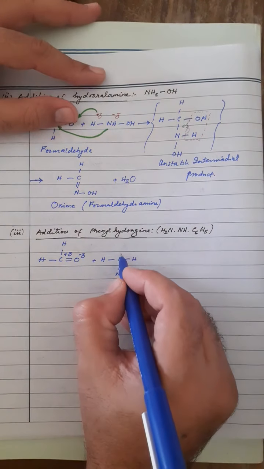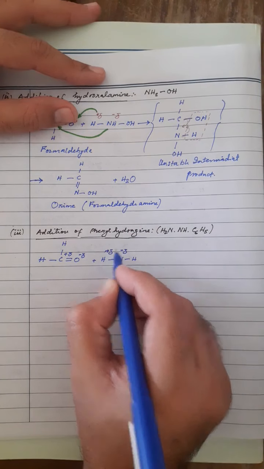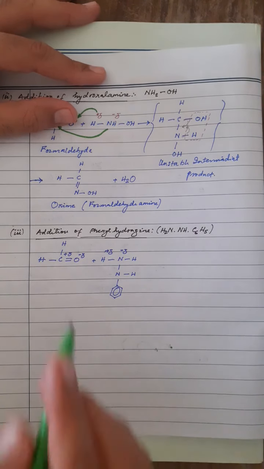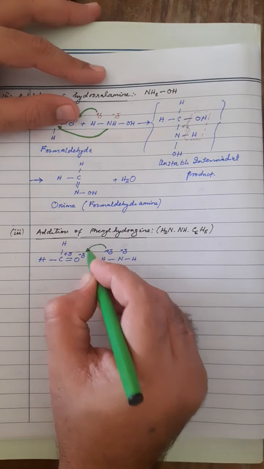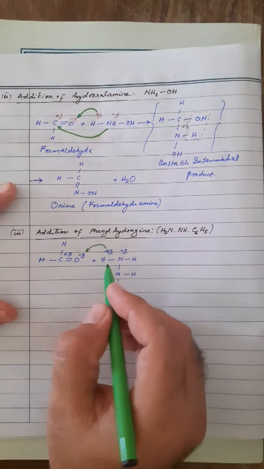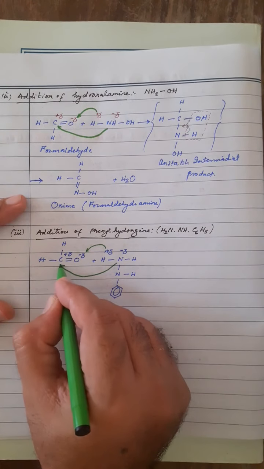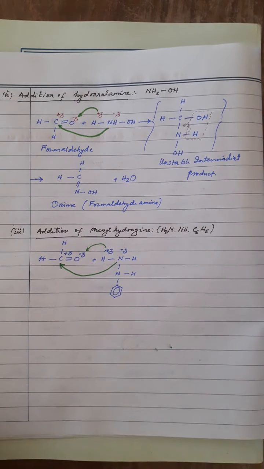Now, the nitrogen being partial negative, hydrogen partial positive, I will need your feedback. What's going to happen? Hydrogen is going to attack on the oxygen here to make the OH, and this nitrogen is going to attack on the carbon. If you can use your mind, you can tell me the product.